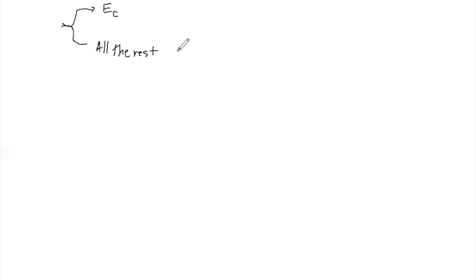And so the way we will handle the conservative electric field is to talk about the energy per charge. So we say delta E over Q, which is going to be the electric potential.